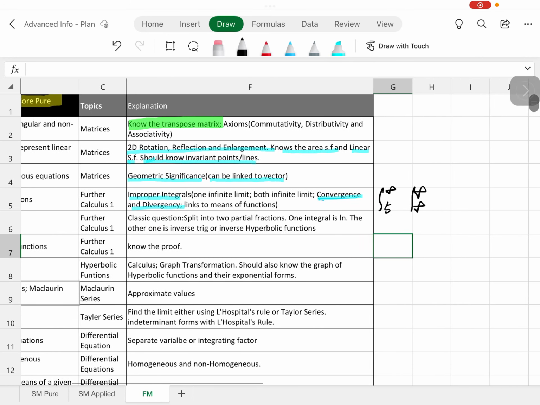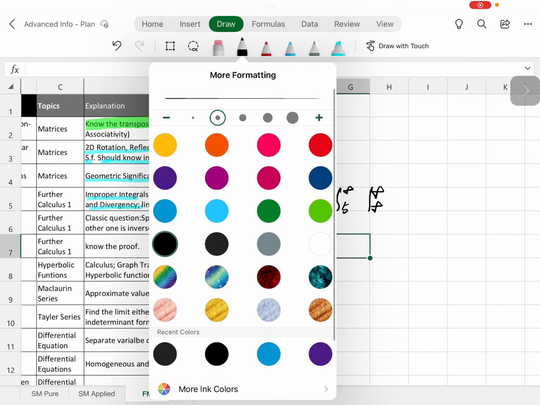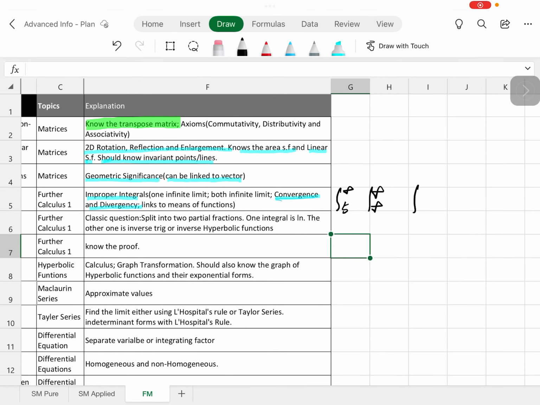So you need to know that, although, for example, the most classic example is if I'm integrating from -2 to 2 of 1 over x dx. Okay, so if you do that, if you don't break at 0, the answer just being 0, and you think that's finite.